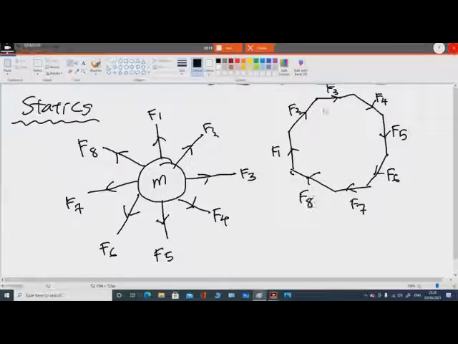This shows us that the direction of these forces is in clockwise direction.